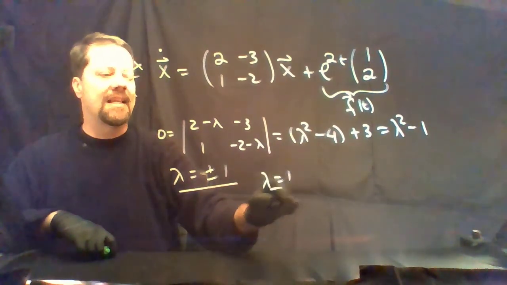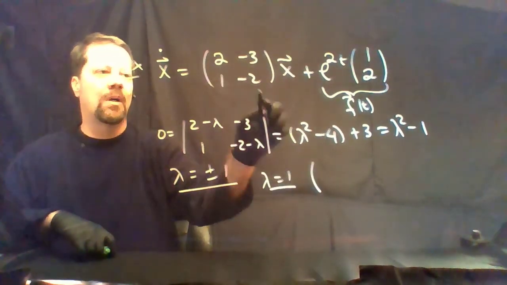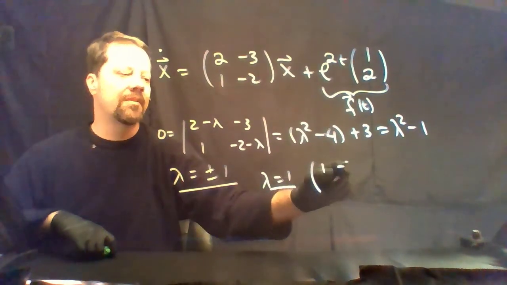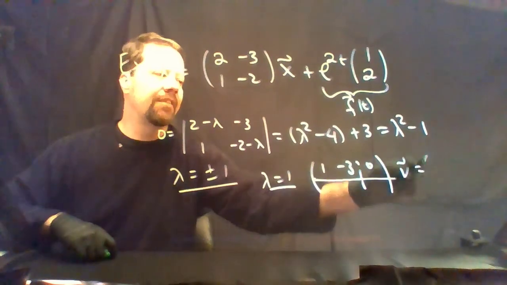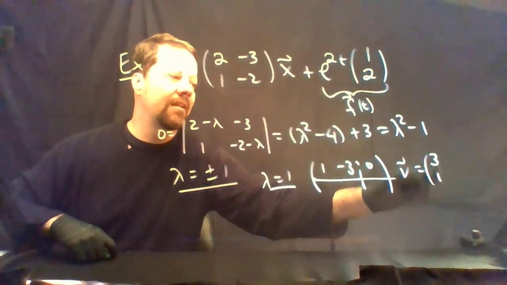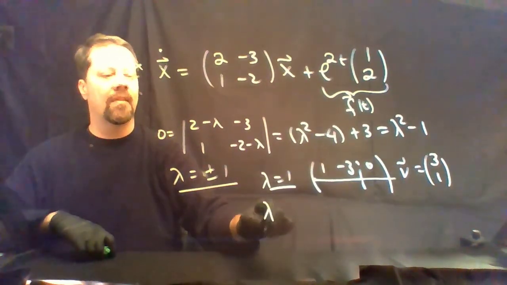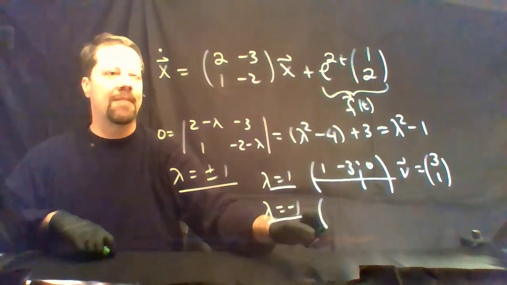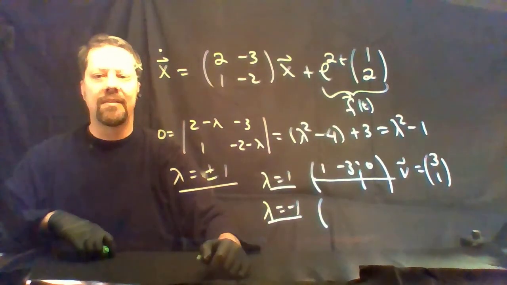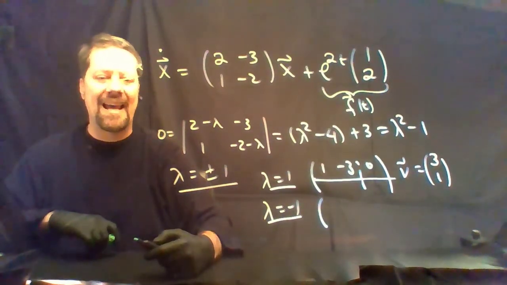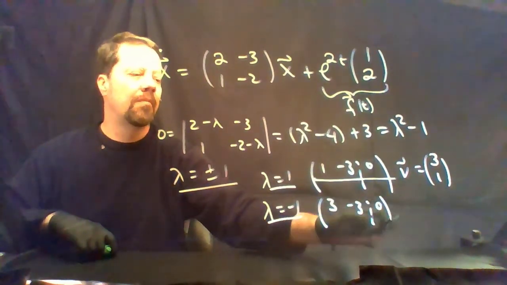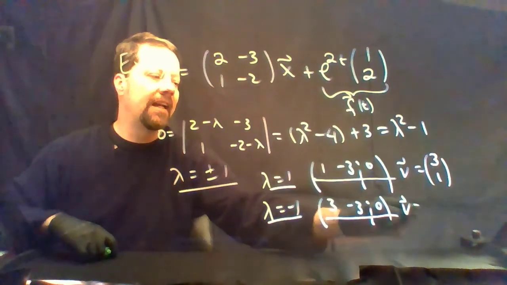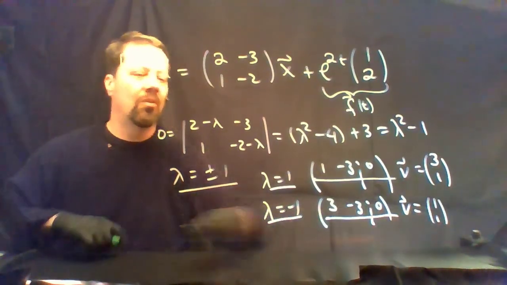If lambda is equal to 1, we subtract 1 from the diagonal elements, and we get an eigenvector equal to [3, 1]. If lambda is equal to negative 1, we subtract negative 1 or add 1 to the diagonal elements. And we get an eigenvector [1, 1].